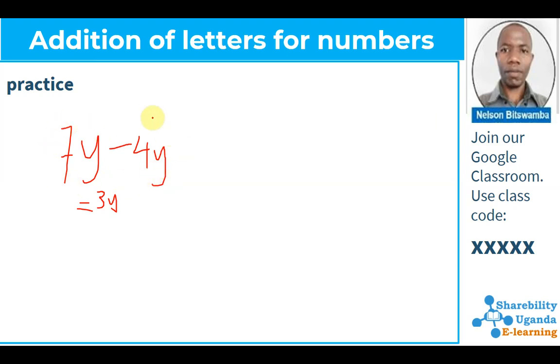Sometimes they can bring different letters. They tell you 7y minus 4y. I'm going to use the same numbers. Then they tell you minus maybe 3z.